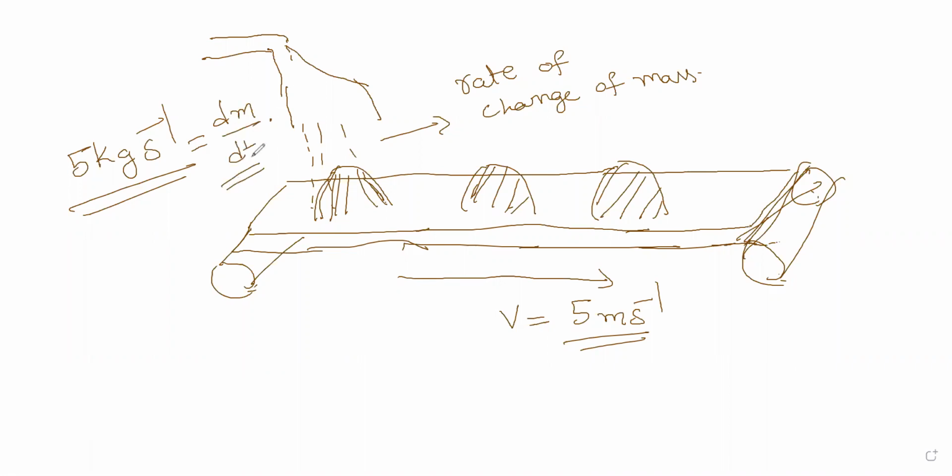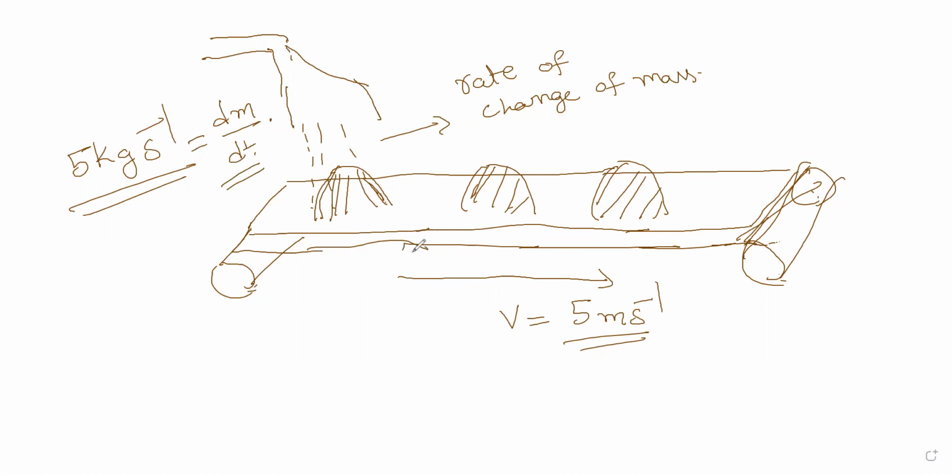So that is the rate at which 5 kg of mass will be falling on this conveyor belt. At every second, it will sprinkle 5 kg of mass over the conveyor belt. That is dm by dt, the rate of change at which the mass is coming. And the velocity with which the conveyor belt is pulling this mass is 5 meters second inverse.